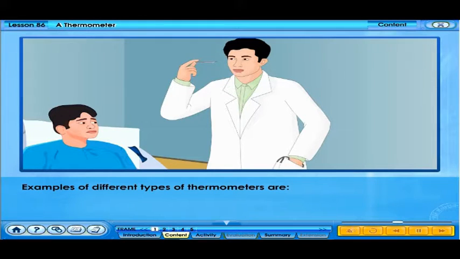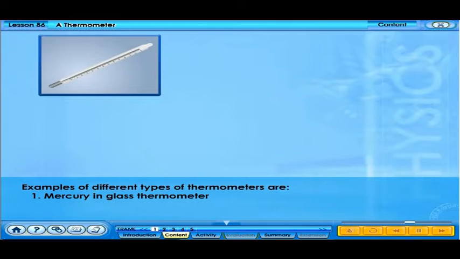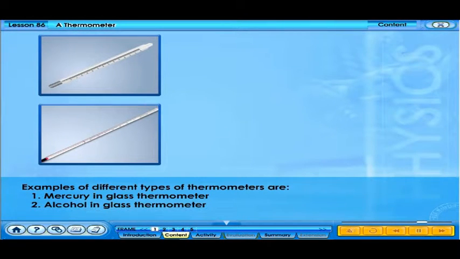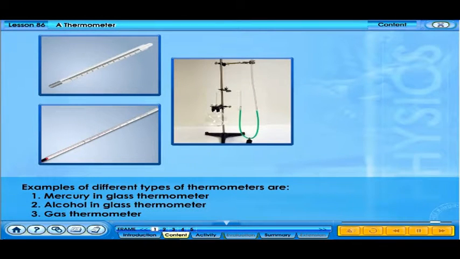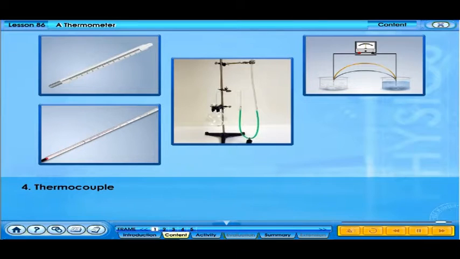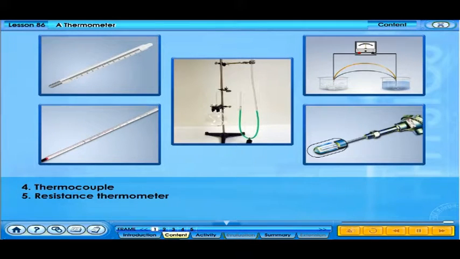Examples of different types of thermometers are mercury in glass thermometer, alcohol in glass thermometer, gas thermometer, thermocouple, resistance thermometer.